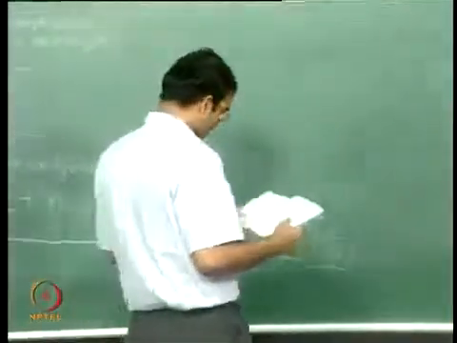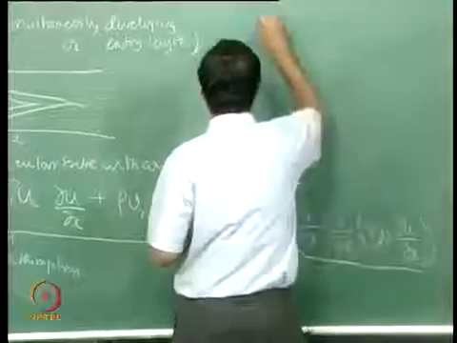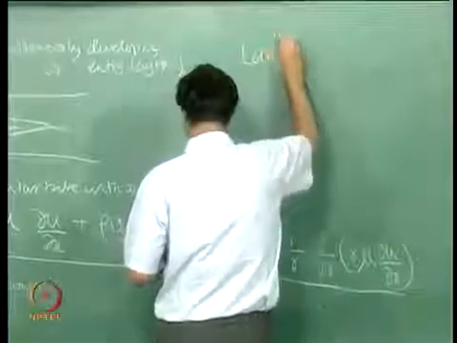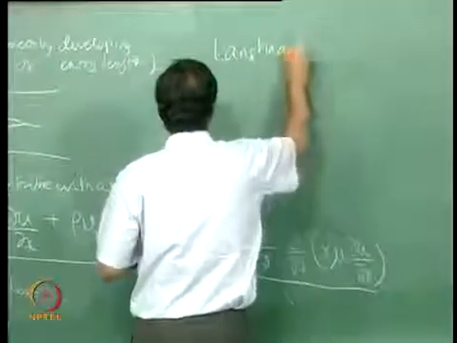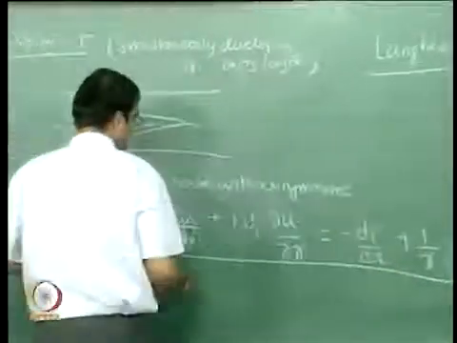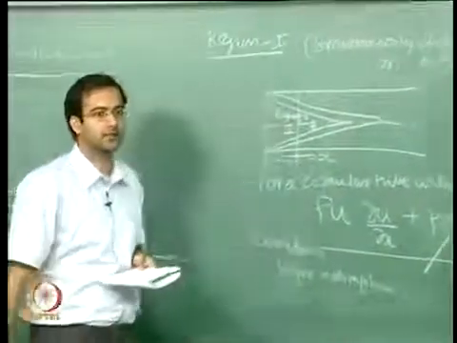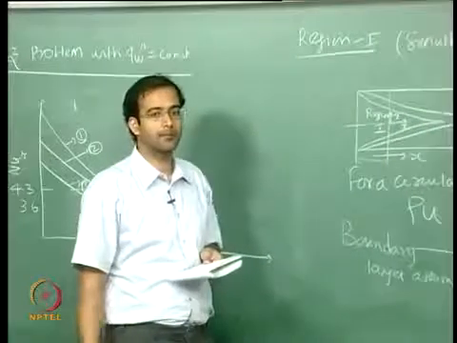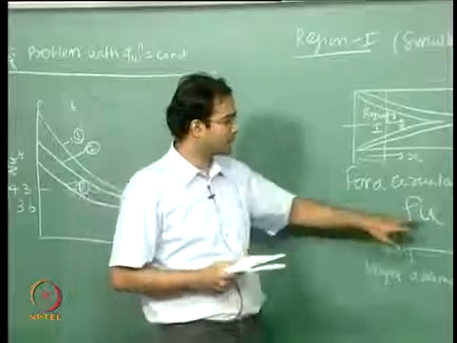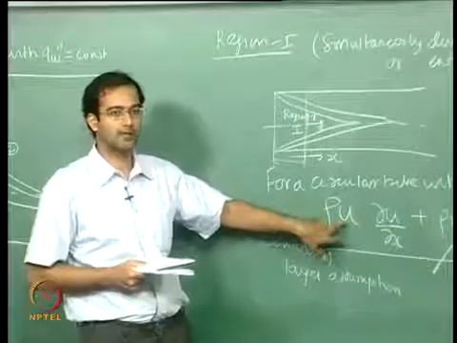But there was a person by the name Langhaar. What he did was, he even neglected the effect of radial velocity. That means he neglected this term straight away, the big assumption, and then he took only the axial velocity variation into account with respect to x and r.